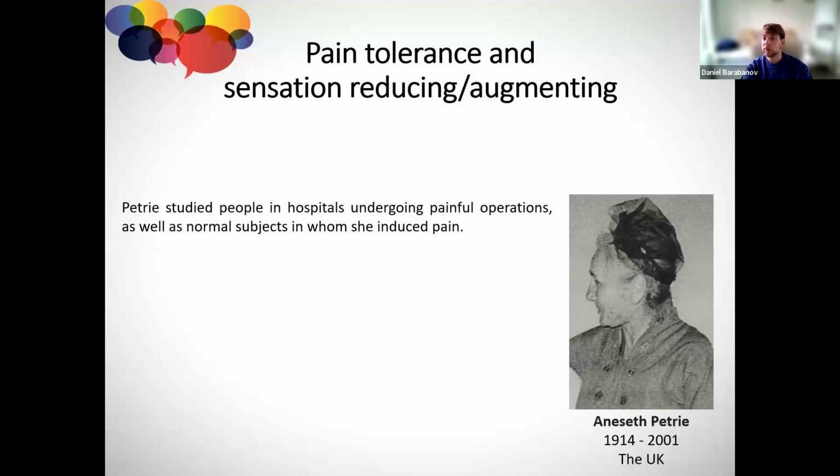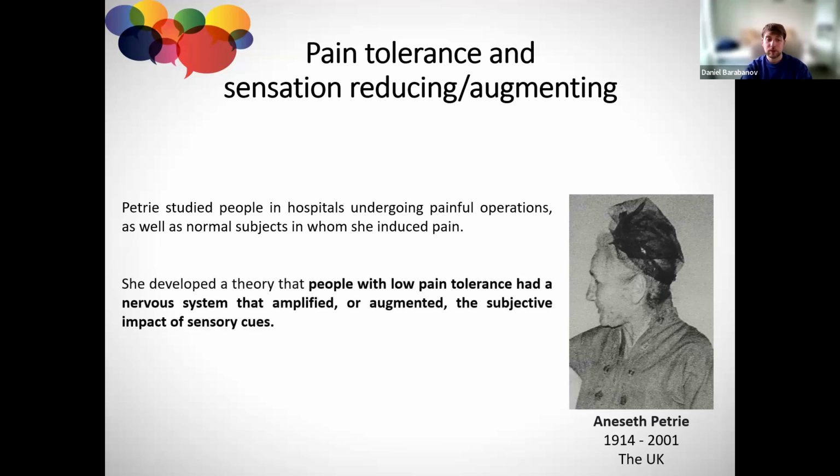People in hospitals suffer from different diseases and disorders. Sometimes they experience a lot of pain, unfortunately, and they need some anesthesia and painkillers, and different people have different pain tolerance. So some people actually cope with their pain much better than others.